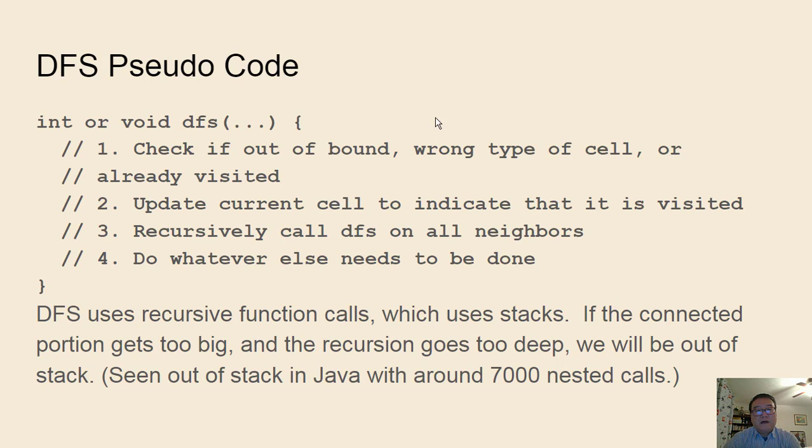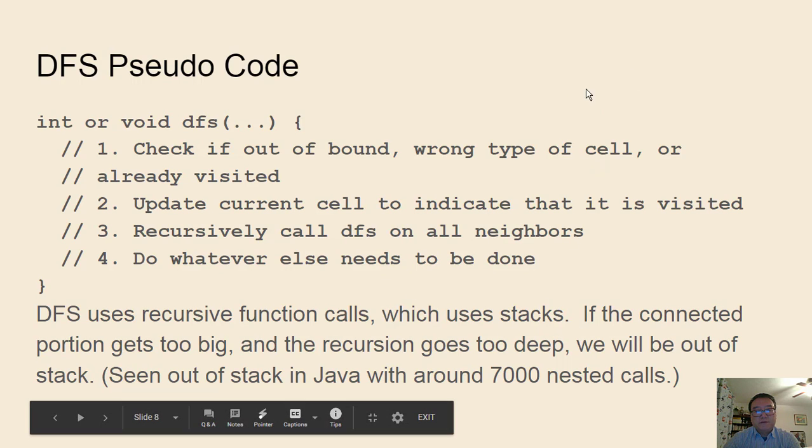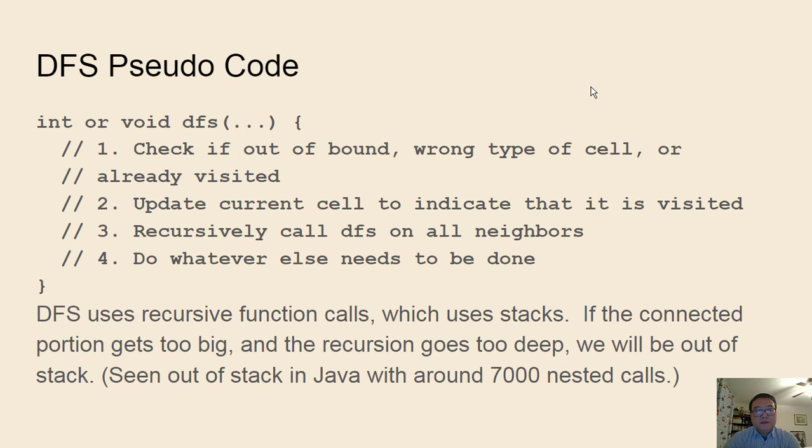Depending on how the environment is set up, the depth that's sufficient to generate an out-of-stack error is different. I think this 7000 is from my experience running some version of Java on a local machine. So it will depend on the runtime environment.